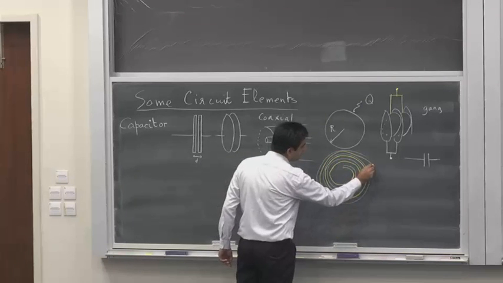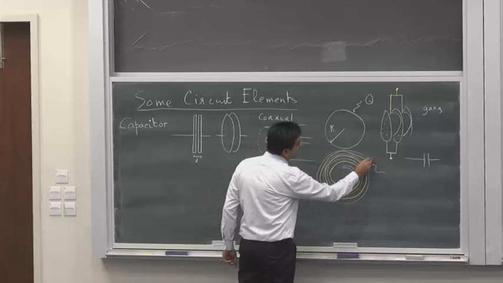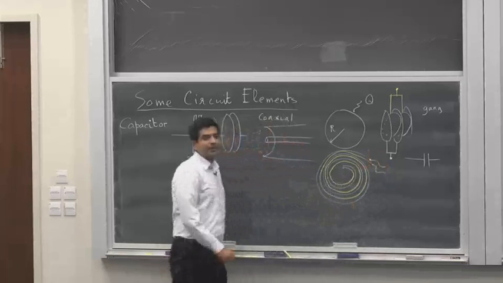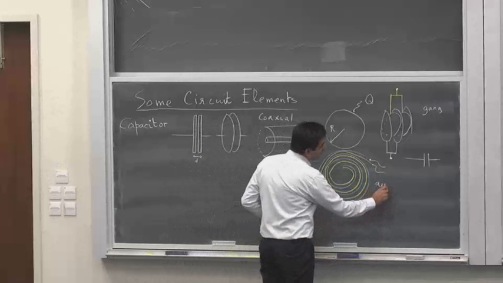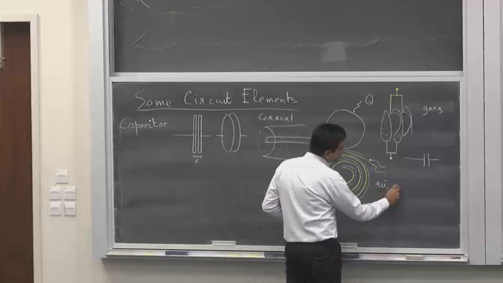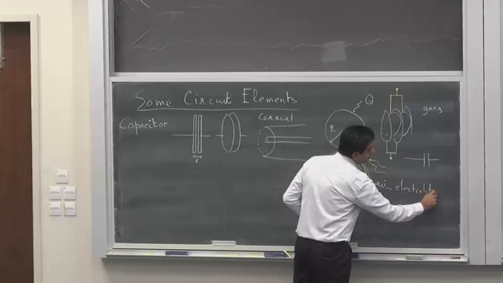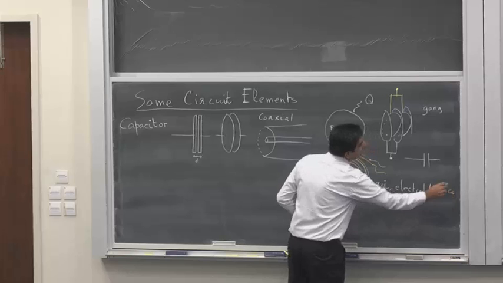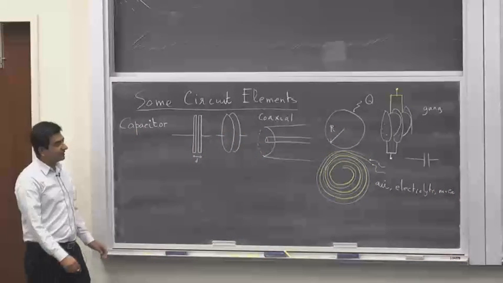You make a connection to this coiled wire and you make a connection to this coiled wire, and in between you could have air, or you could have some electrolyte, or you could have paper, mica, etc. So there are different kinds of capacitors that we can identify.